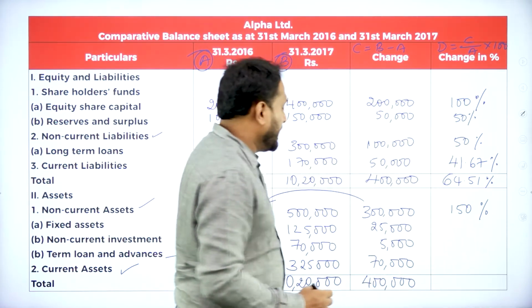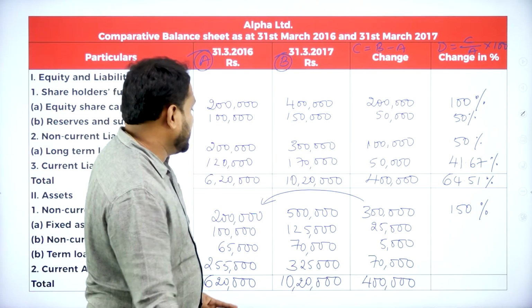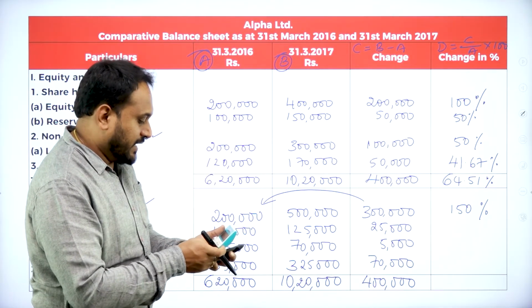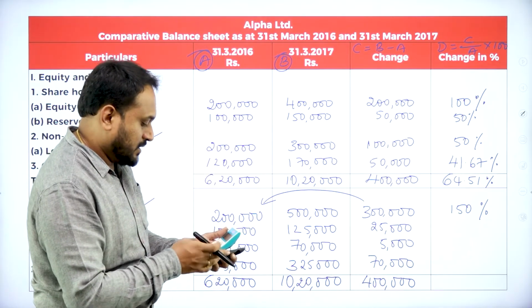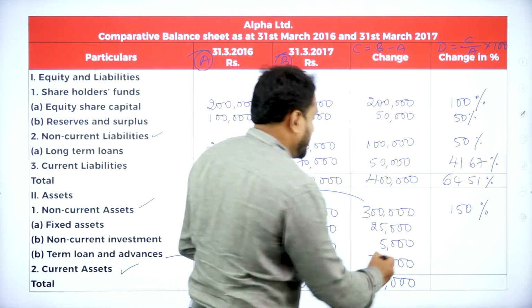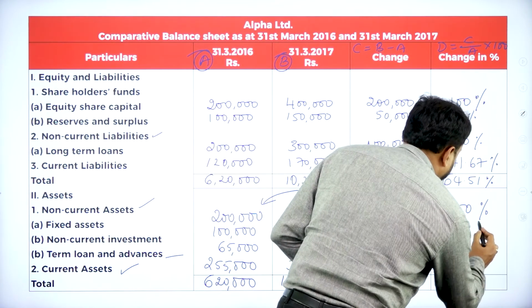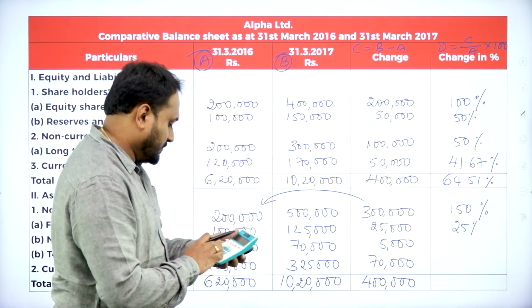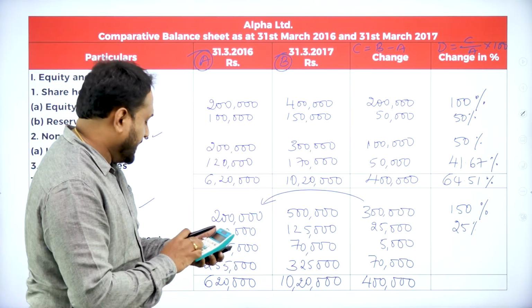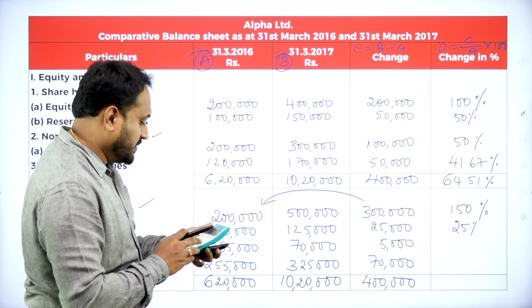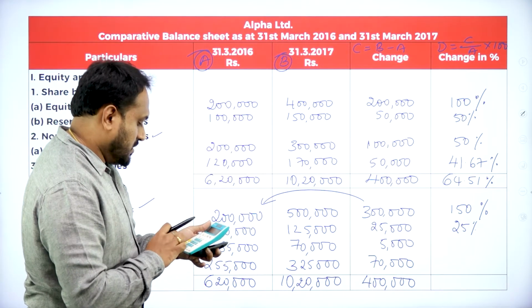150%. Next is the same way. We have 25,000 divided by 1 lakh into 100. So it is 25% here. Next is 5,000 divided by 6,500 into 100.